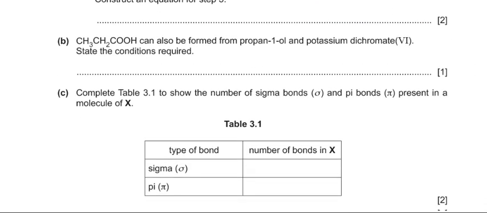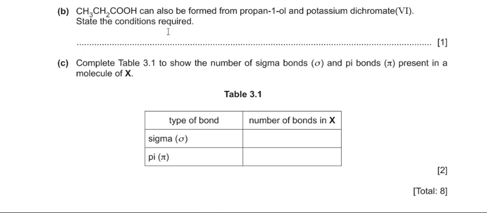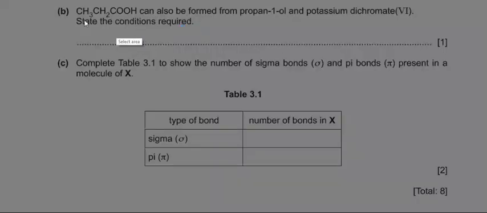Next, he says that propanoic acid can be formed from propan-1-ol and potassium dichromate. State the conditions required; he is asking in plural form, conditions.